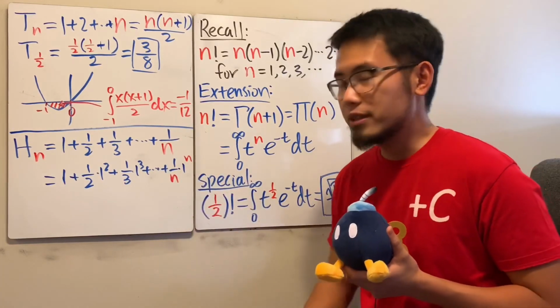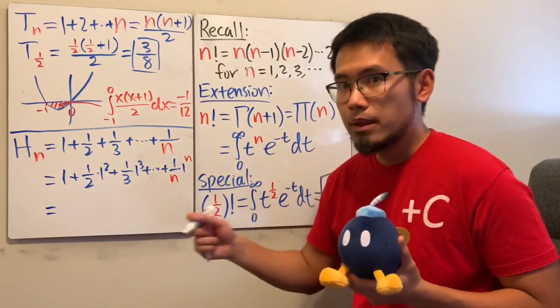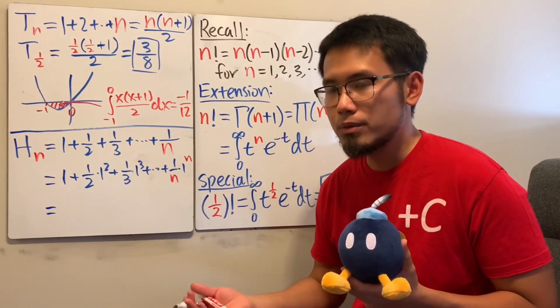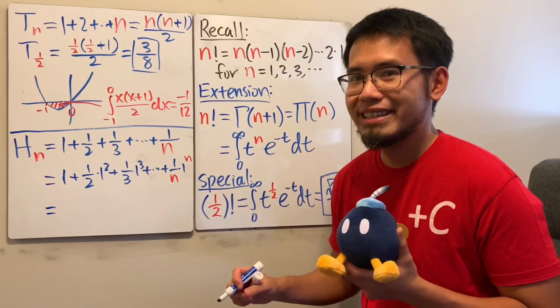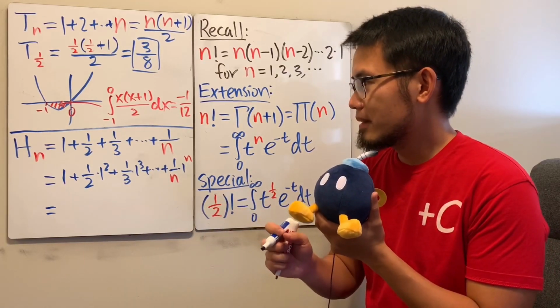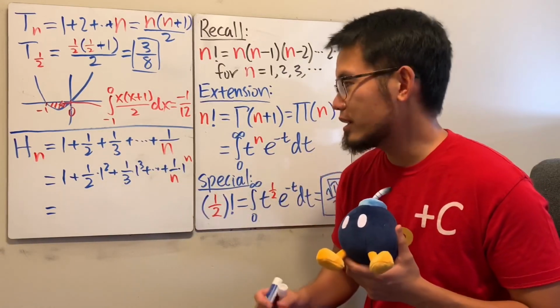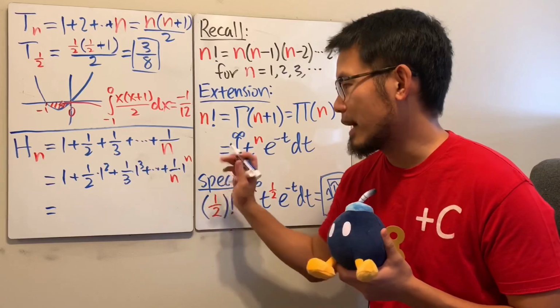And why did I bring this up? Have a look. This right here, we can put as an integral by thinking of this backwards. In fact, I did a video on how you can get a sum by transferring a sum to an integral. You guys can try that question. It's very similar to this idea.